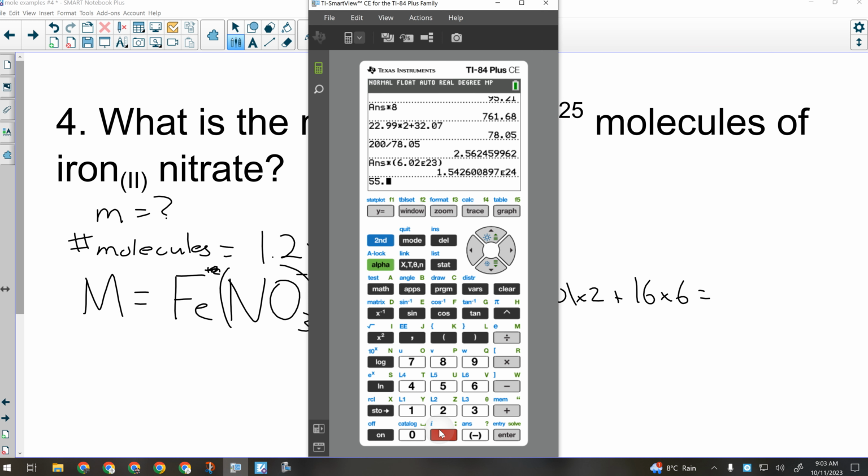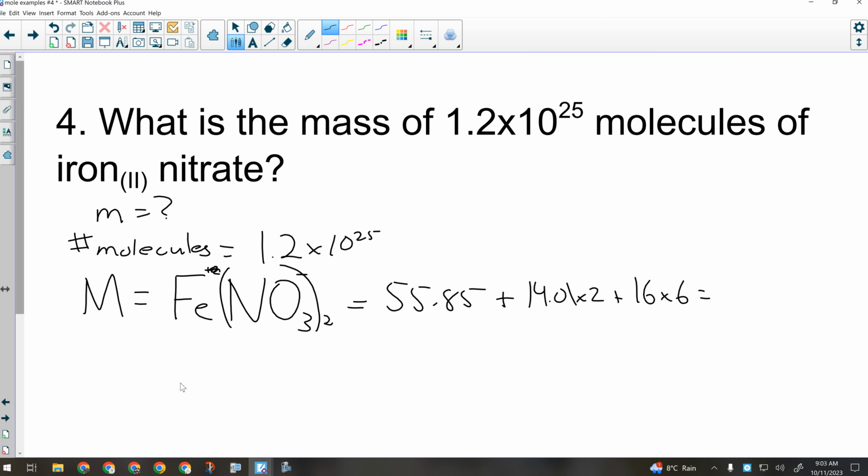So 55.85 plus 28.02, that's the 2 nitrogens, plus 16 times 6, for the 6 oxygens, gives 179.87 grams per mole.